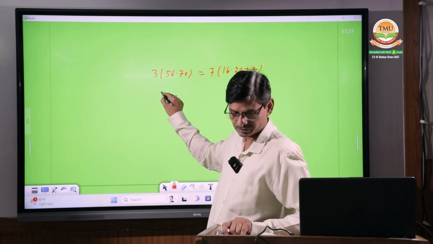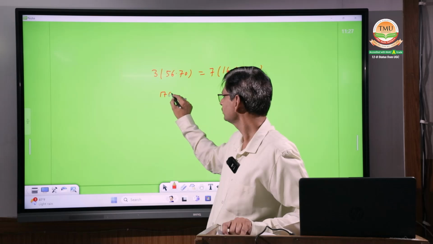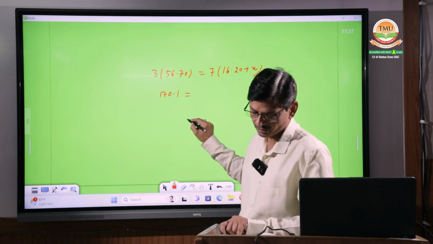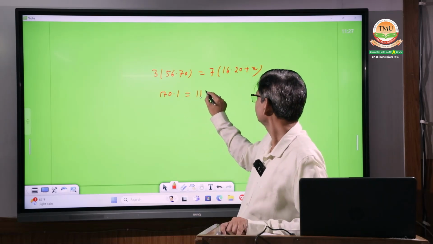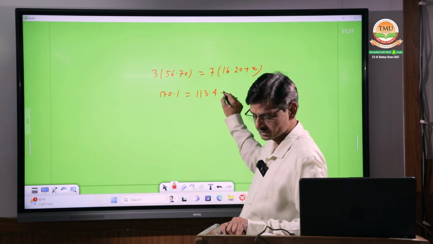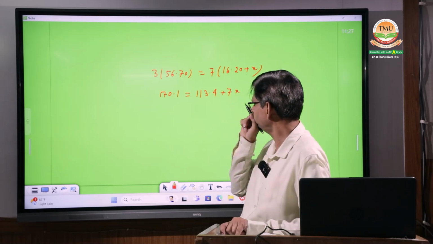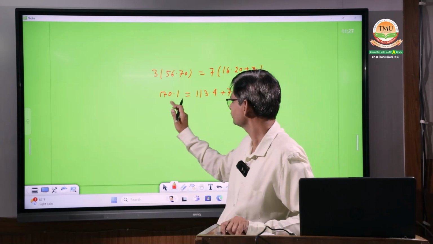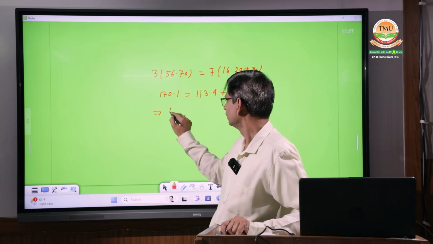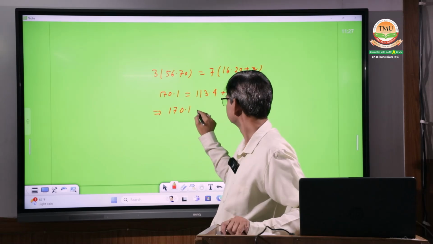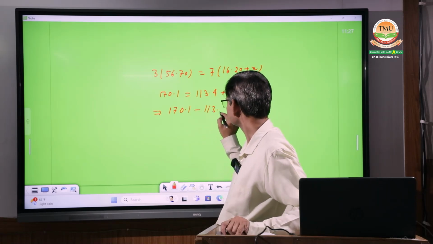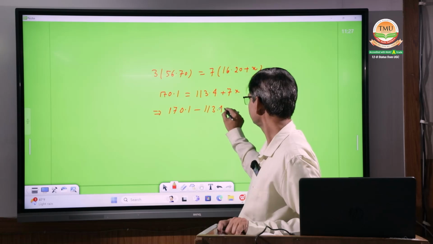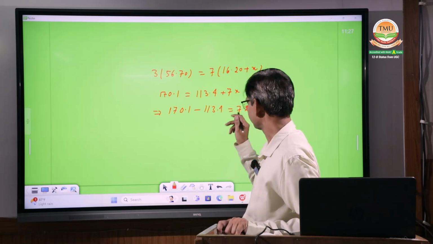That is 170.1 is equal to 113.4 plus 7X. Now this value shifted here, that is minus 113.4, is equal to 7X.